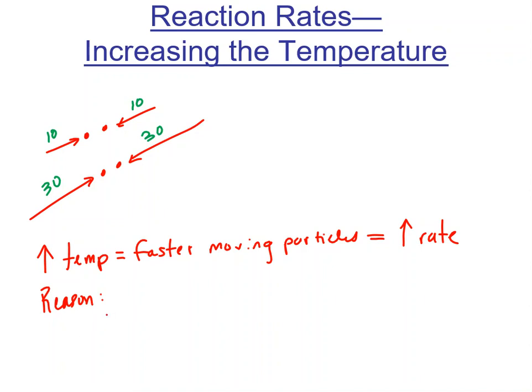There's 2 reasons. One, faster moving particles just means more collisions or a greater collision frequency, but also they're going to be higher energy collisions, which is more likely to satisfy the activation energy.